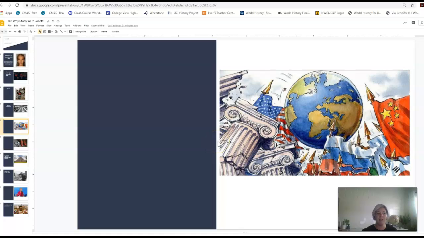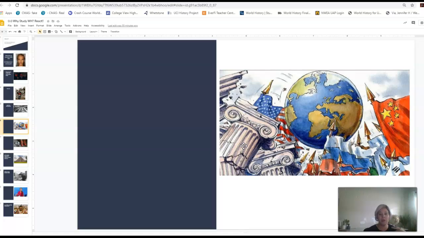We're going to move on to number 5. Here's image number 5. We see a political cartoon here. We will study lots of political cartoons. It's a very interesting point of view, and they are biased. We see several flags here. We definitely see 2 dominant flags, the United States here in the back, and China. We see these toppling, traditionally Greek pillars.